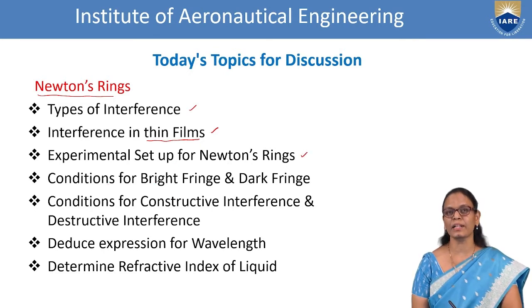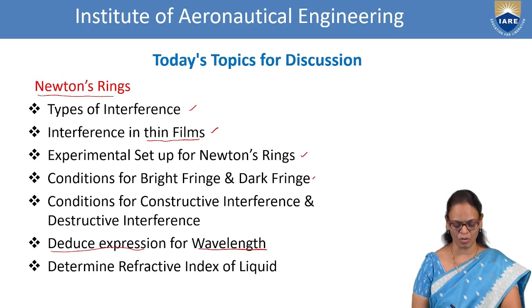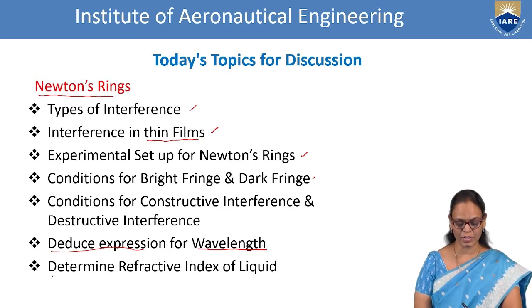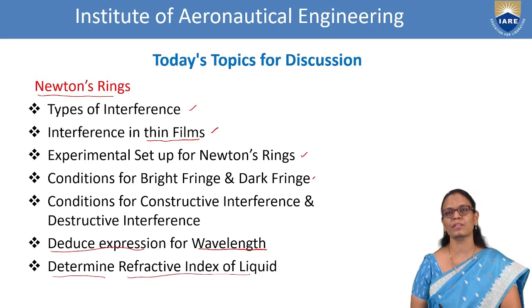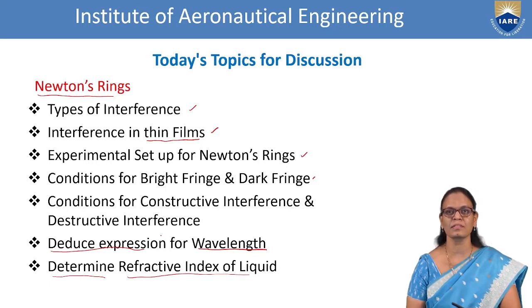Then we'll derive the conditions for bright fringe and dark fringe, which are due to constructive interference and destructive interference. After that, we are going to deduce the expression for the wavelength of the light that we are using. And also a very important application of the Newton's rings experiment is to determine the refractive index of a given liquid. So this is what we are going to discuss today.